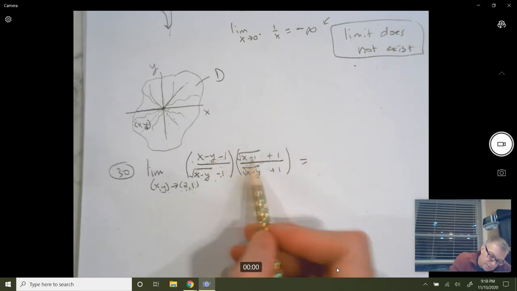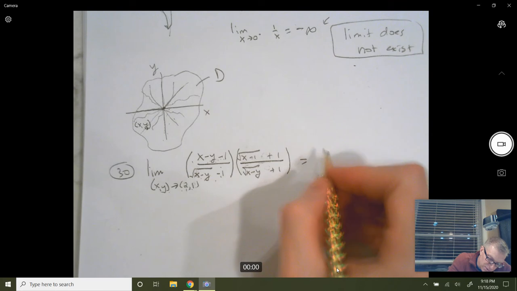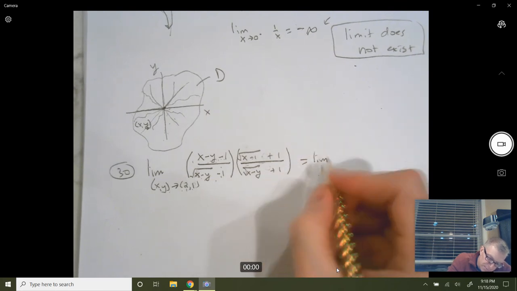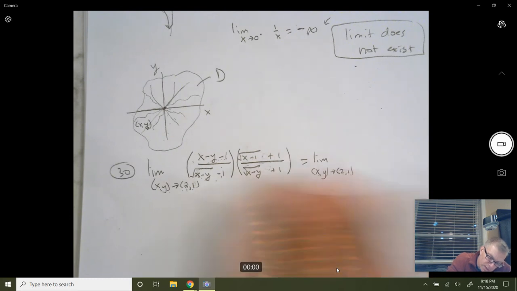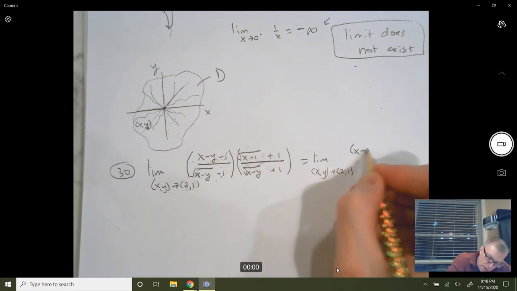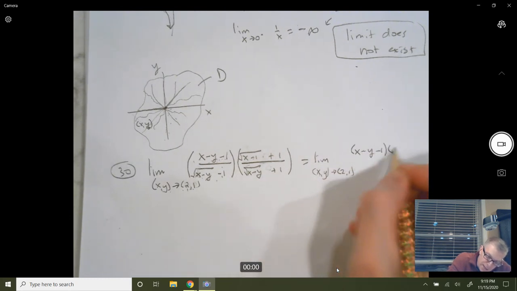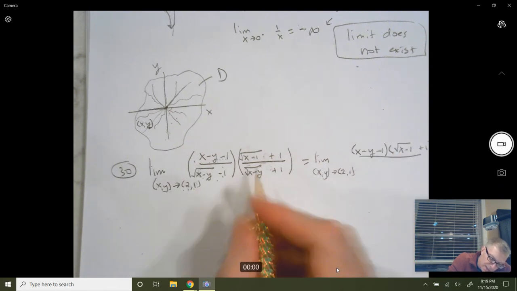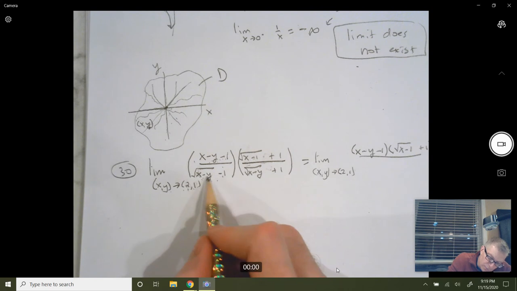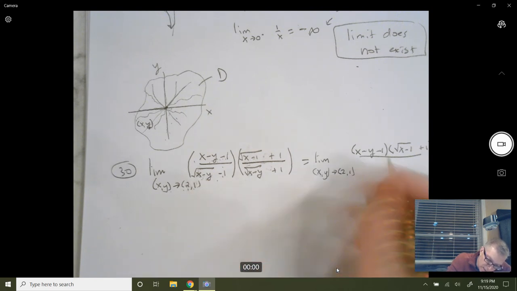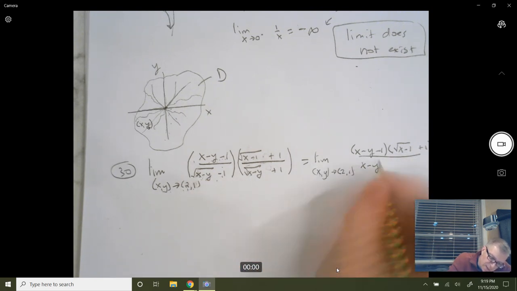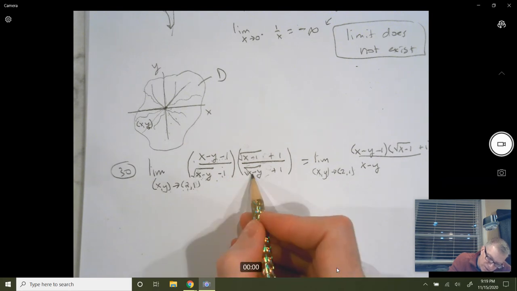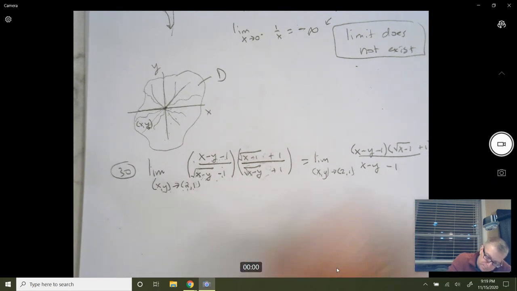So the top, I'm going to leave factored. So this is going to be the limit as x, y approaches 2, 1 of, on the top, x minus y minus 1 times square root of x minus y plus 1. On the bottom, you're going to have to FOIL this out. So this times this gives you x minus y. Outers and inners cancel, and then you get minus 1.